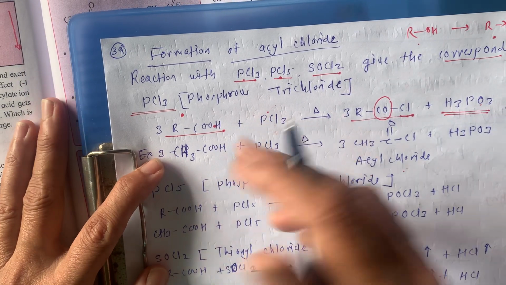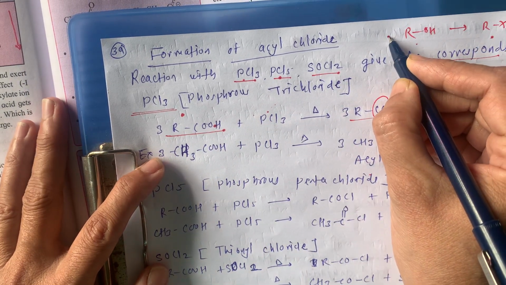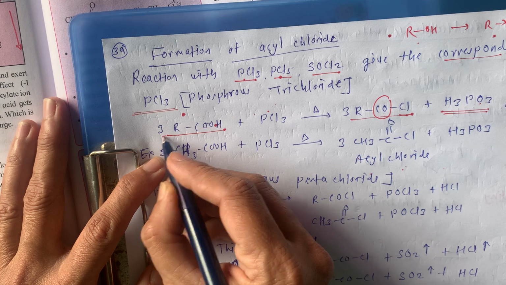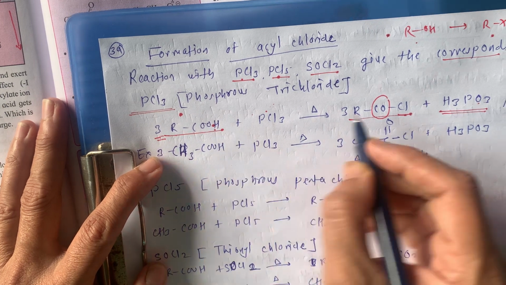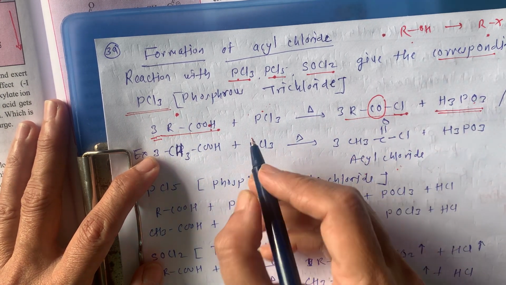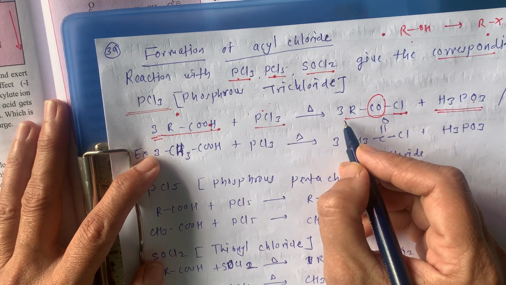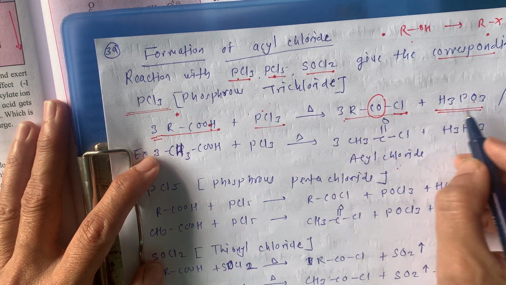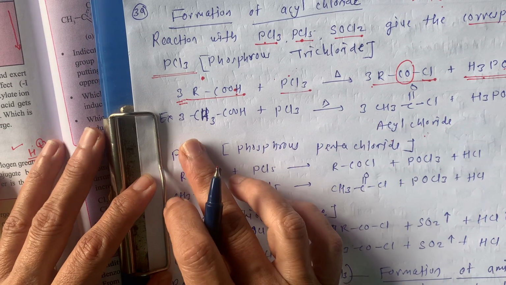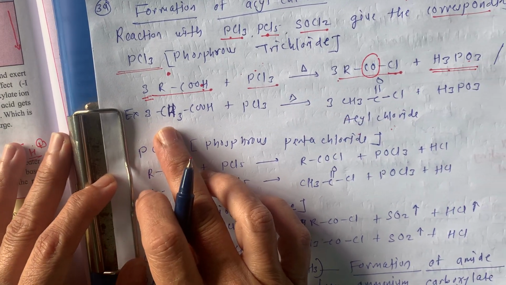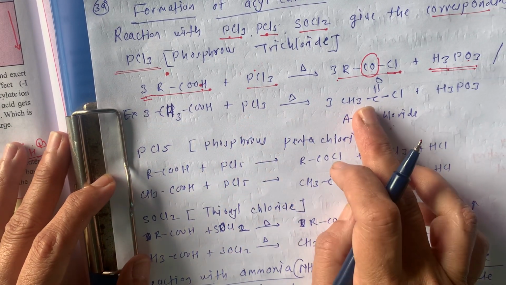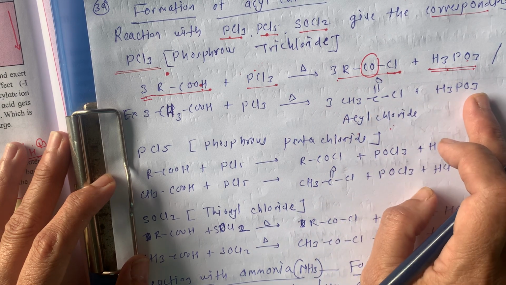In the previous reaction also, we had to take 3 molecules of alcohol. Similarly, here we have to take 3 molecules of carboxylic acid to balance the reaction. Treated with PCl3, we get 3 molecules of RCOCl and H3PO3. For the particular example, acetic acid reacting with PCl3 gives CH3COCl and H3PO3.